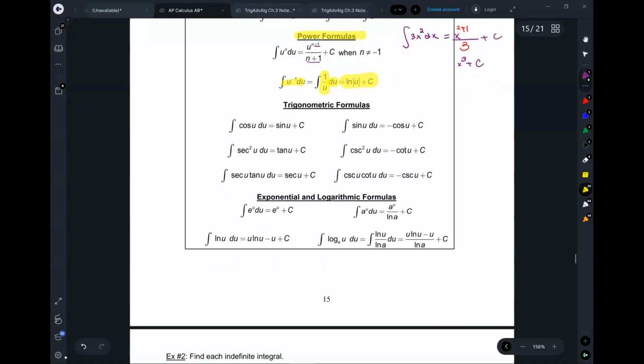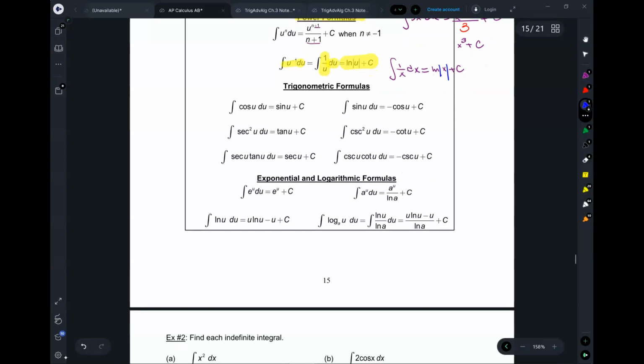Okay, so for example, if I have the integral 1 over x dx, I just have to have it memorized and remember that it's ln of x plus c. Now, along with that, you can never take ln of a negative number, so you have to have absolute values around this one. Okay, we're going to do a lot more examples. Okay, let's do the trig formulas.